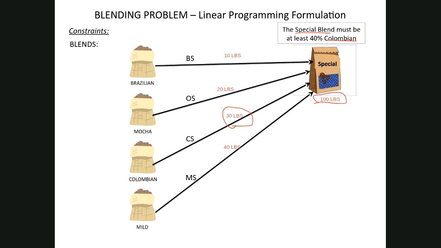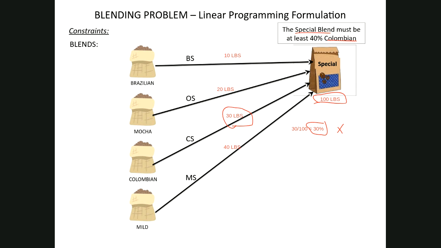And this is not higher level math, but we've got 30 pounds of Colombian in the special, and there's a total of 100 pounds, and so that's 30%. And so in this case, that does not satisfy the 40%. Okay. So now how do we convert this and make sure that we can meet this requirement?